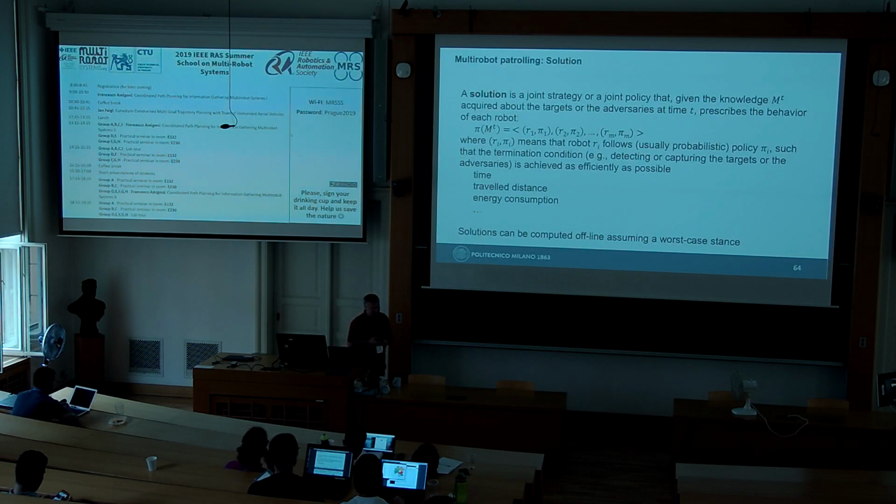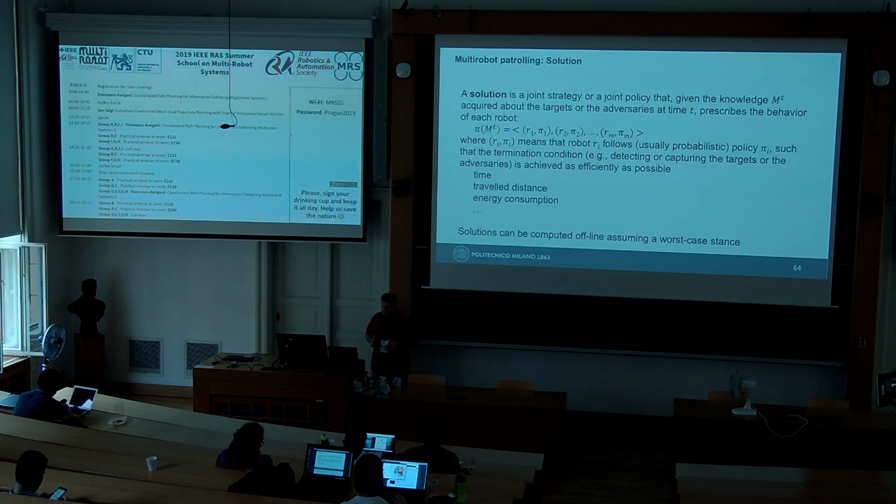And the optimal solution tries to do this as efficiently as possible, and these are some measures that are used for measuring efficiency. So the shortest time, the shortest traveled distance, the minimum energy consumption, and so on. Usually, if you compute an offline solution, you are assuming a worst case stance.